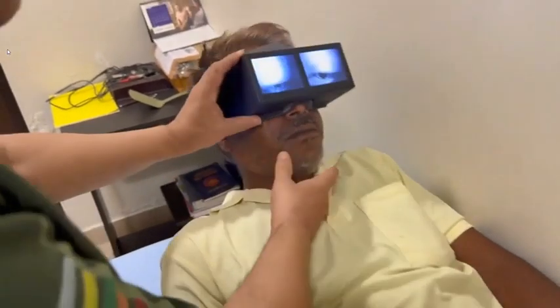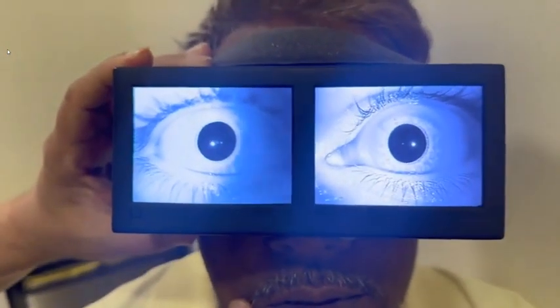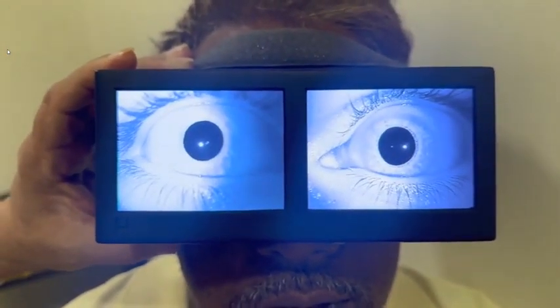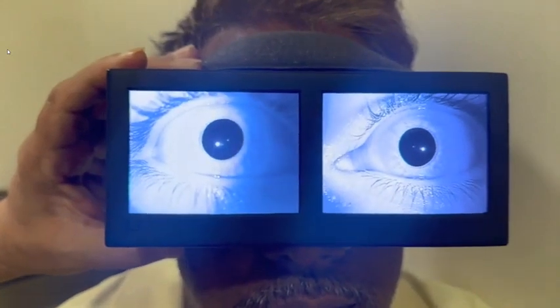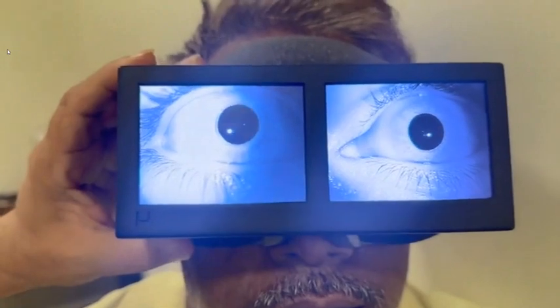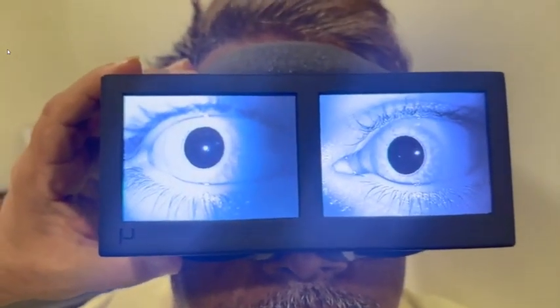Sitting up from the left Dix-Hallpike position did not evoke any reversal nystagmus. We waited for around 30 seconds to look for reversal of the nystagmus and we could not find any.